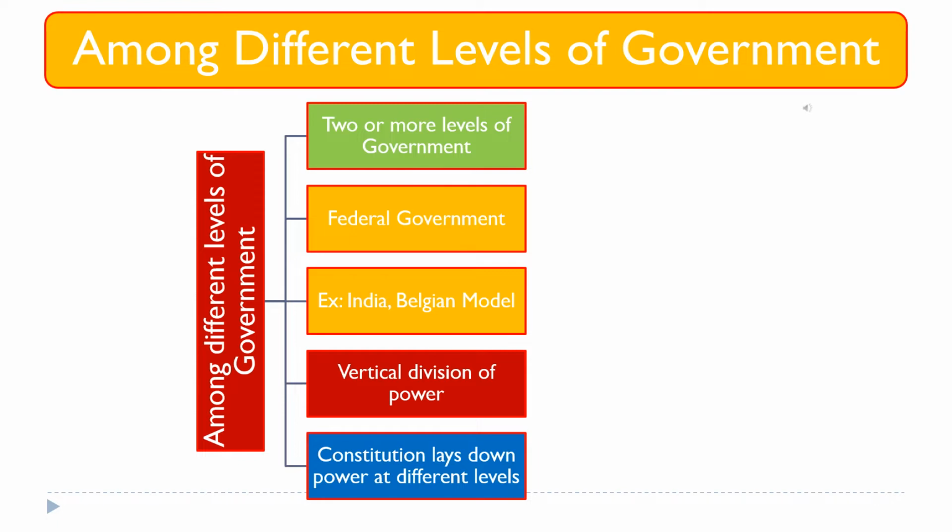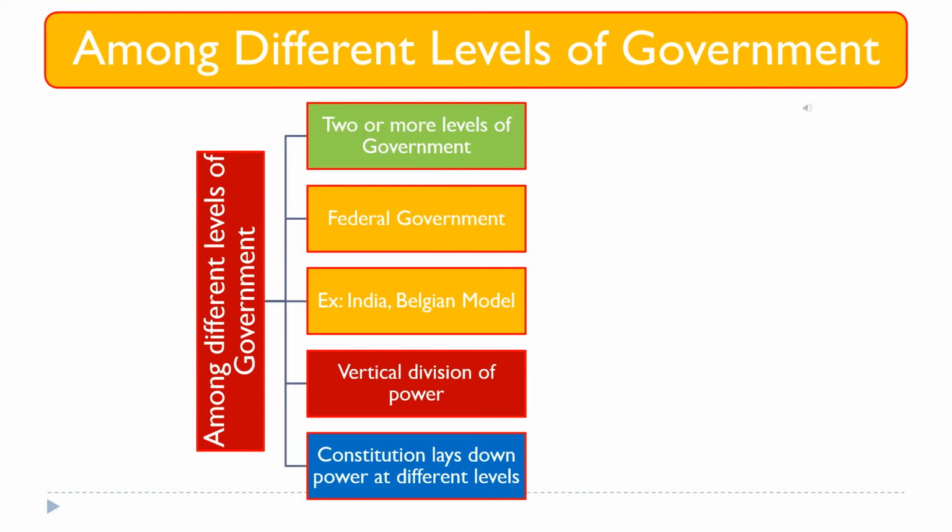Now we have the second form of power sharing found in modern democracies, among different levels of government. So the power is shared among different levels of government. The first point here is two or more levels of government, and this is also known as federal government or federalism.